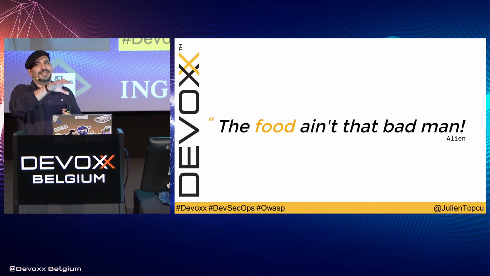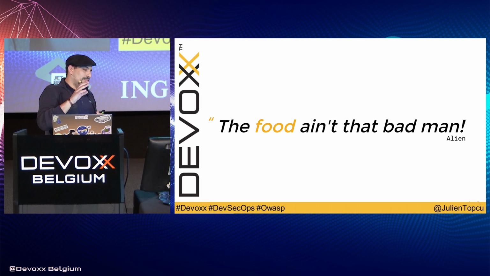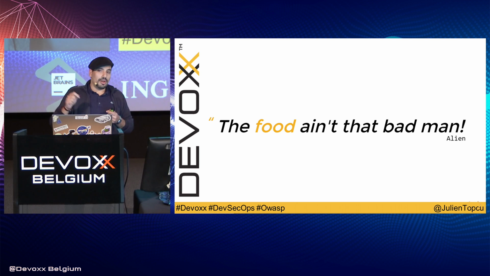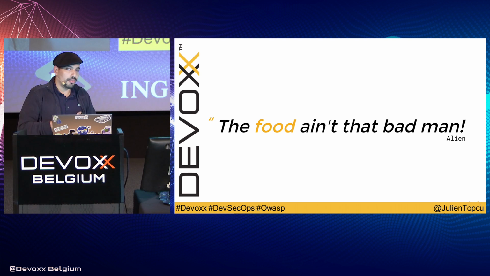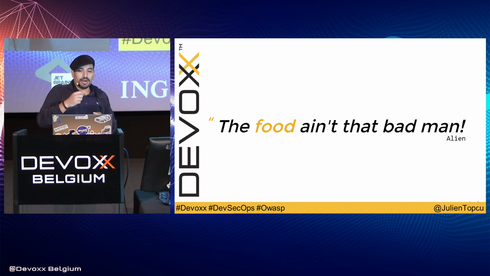Remember that scene? So that's a bit pushy, but that's basically the risk that we are all facing today if we are not trying to find out what's going on in our application. Maybe we have vulnerabilities lurking in our application since several weeks, several months, several years. And one day, when it comes out, it might hurt a lot.